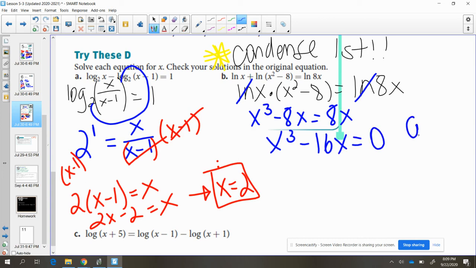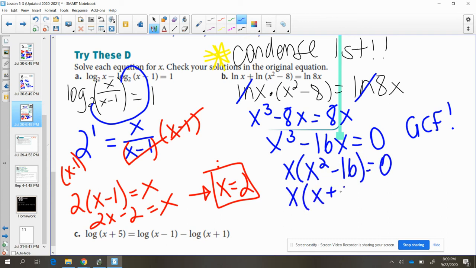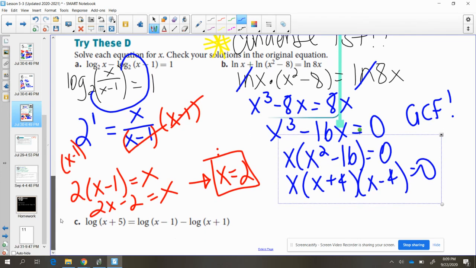Well, there is a greatest common factor involved here of x. So we can factor that out. And then we have a difference of 2 squares possible. Okay, so officially right now we have 3 potential answers: 0, -4, and +4.